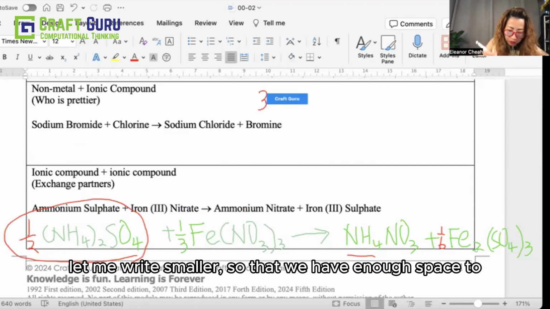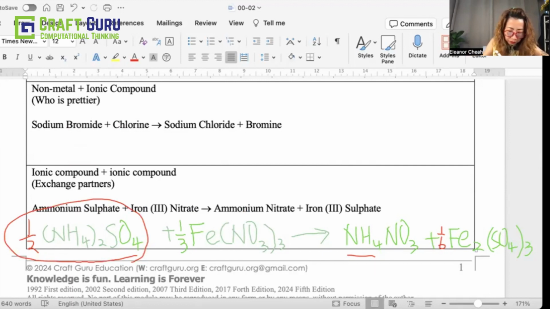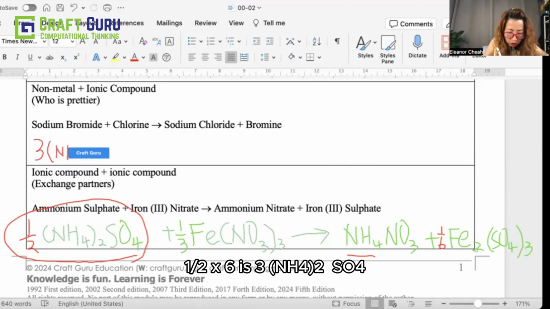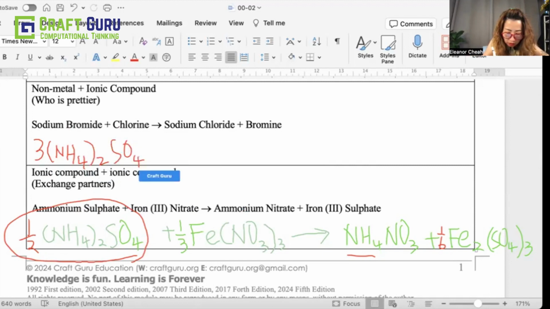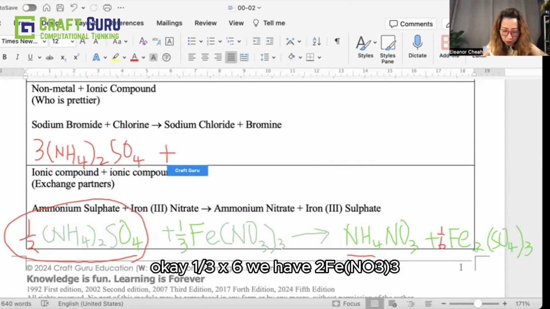Let me write smaller so that we have enough space to write the whole equation. 1 over 2 times 6 is 3. NH4, close it. Okay, 1 over 3 times 6, we have 2. Fe.